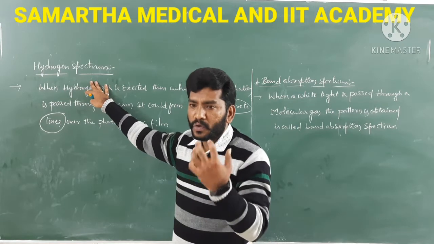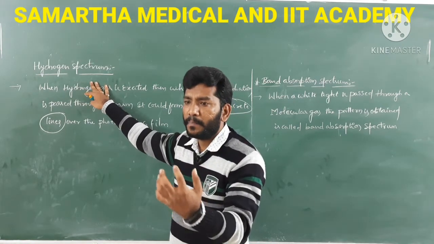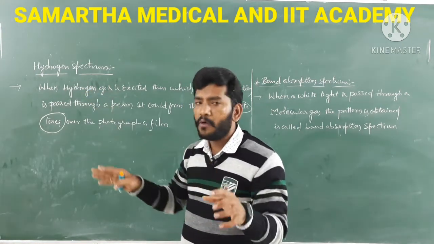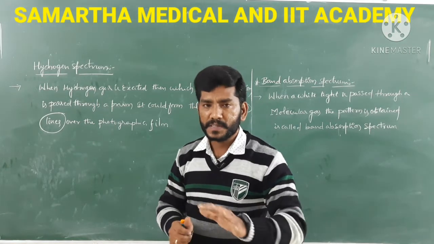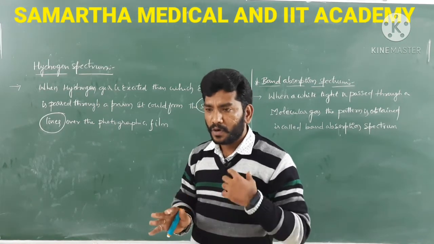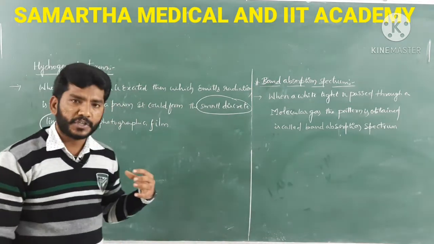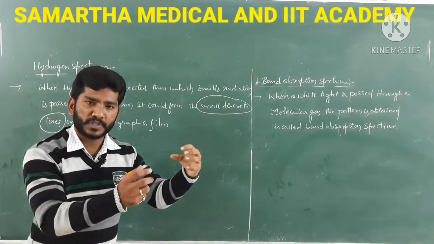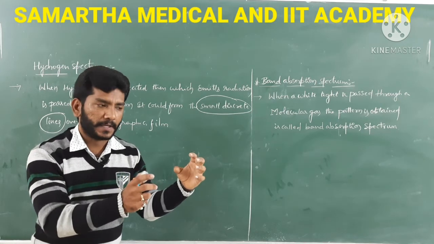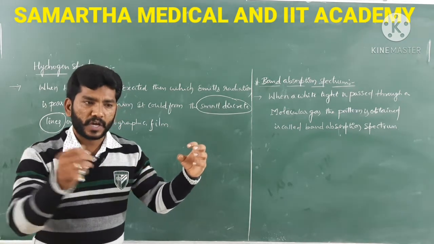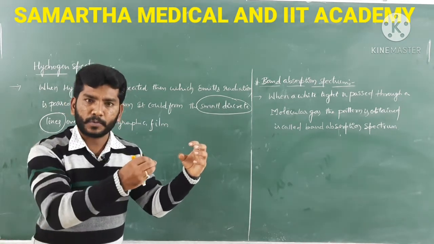So behind this, this phenomenon takes place. Let me repeat once again. We have a discharge tube which consists of hydrogen gas. To that discharge tube we apply a high electrical potential difference.